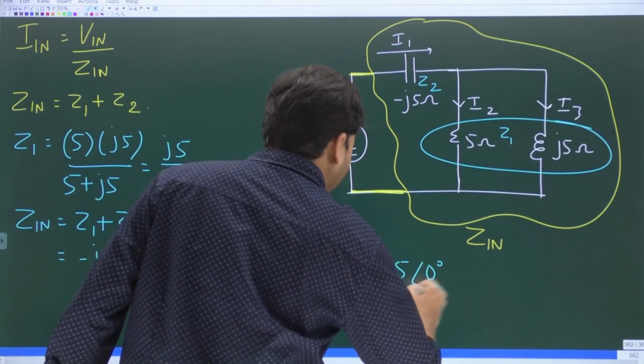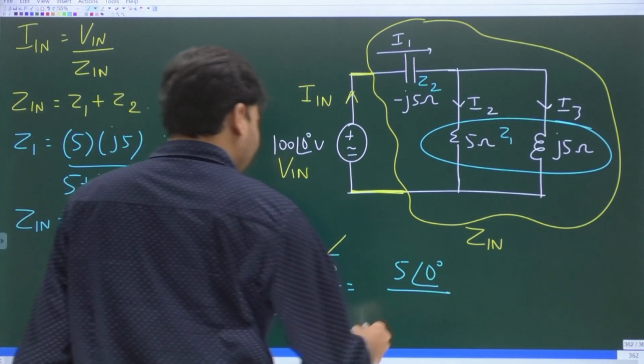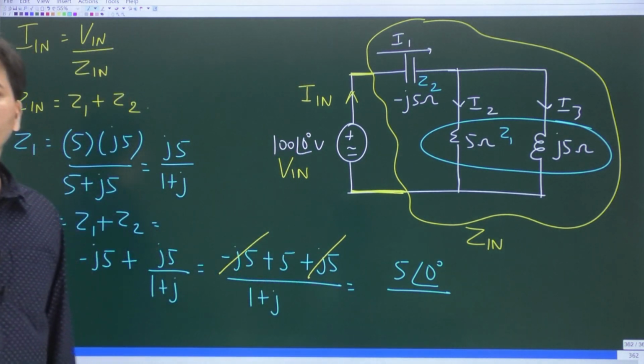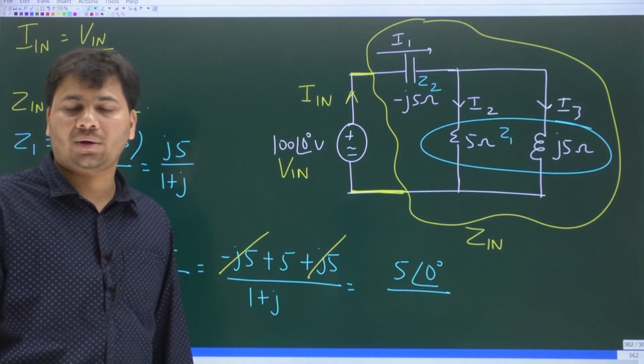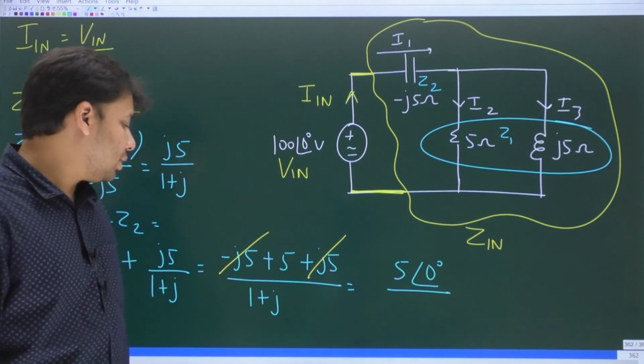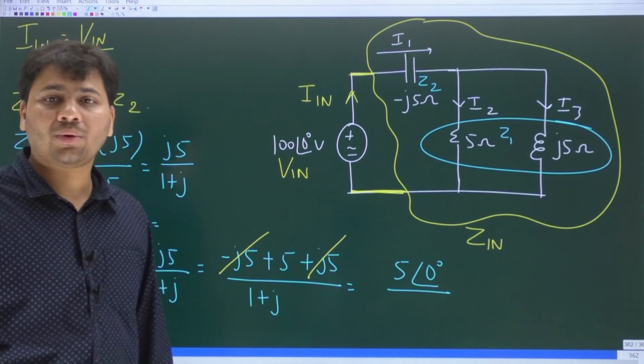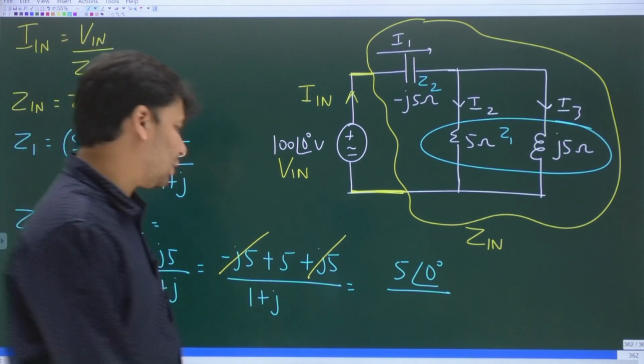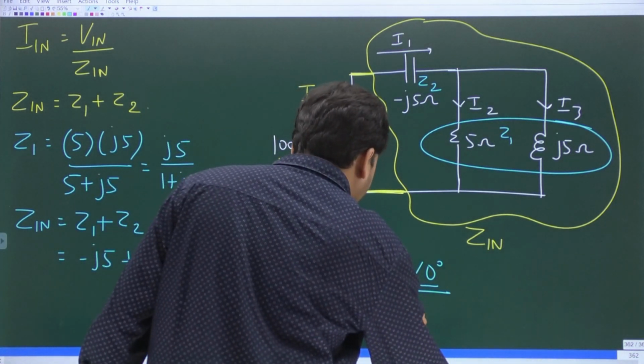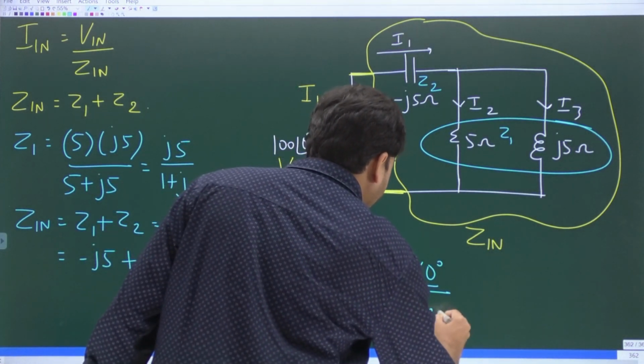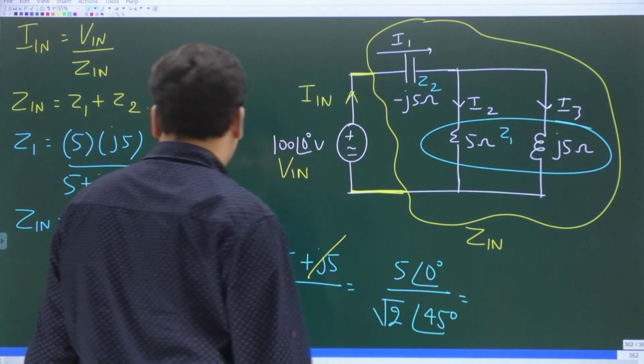Again 5 is what? 5 at an angle 0 degrees. 1 plus J. What is 1 plus J in polar form? Root 2 at an angle 45 degrees. Yes. So 1 plus J is same as root 2 at an angle 45 degrees.